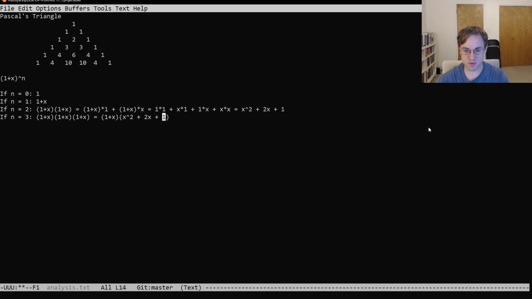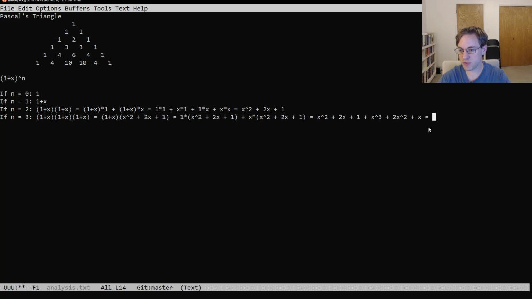And again, we can distribute this expression over 1 + x, and so that will give us 1 times this expression plus x times this expression, which is equal to x squared plus 2x plus 1 plus x cubed plus 2x squared plus x.